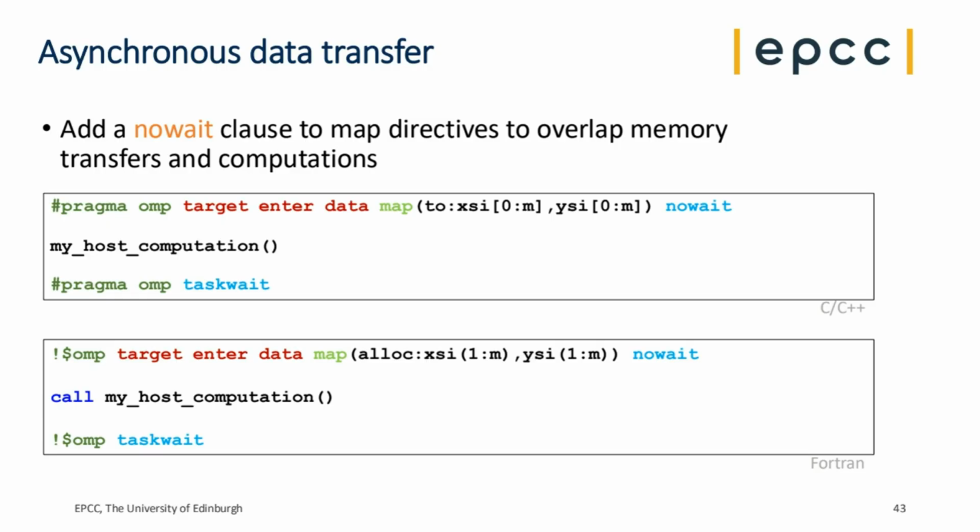That's quite a straightforward thing to do, and it means that the latency associated with mapping data from the host to the device is hidden in one respect, because you're not being blocked. The host is still doing useful work, so you're improving the performance of your code.